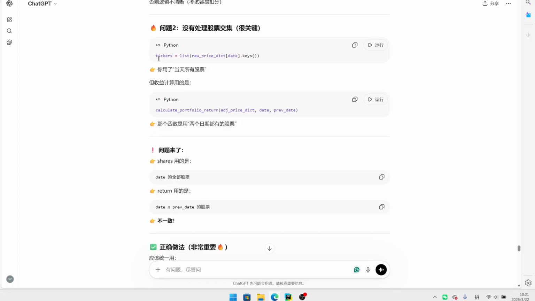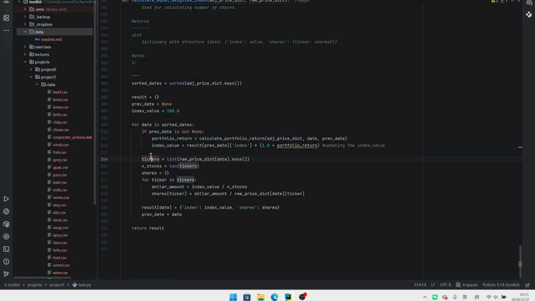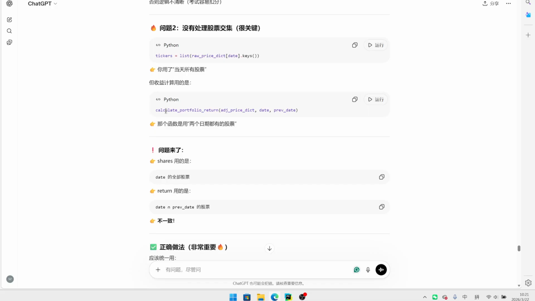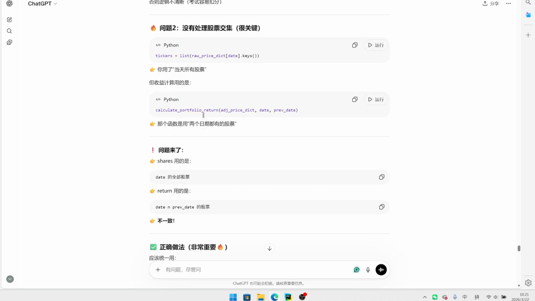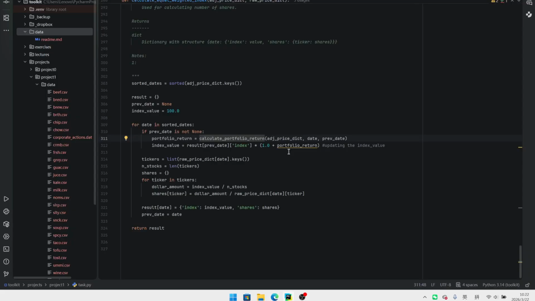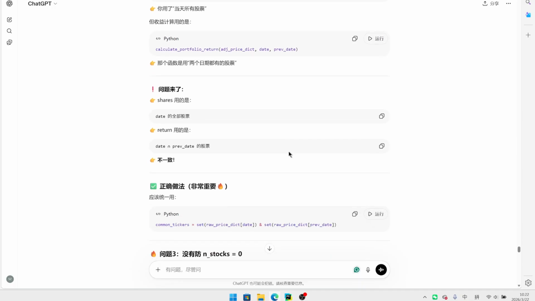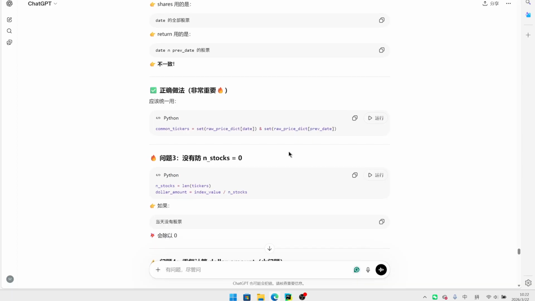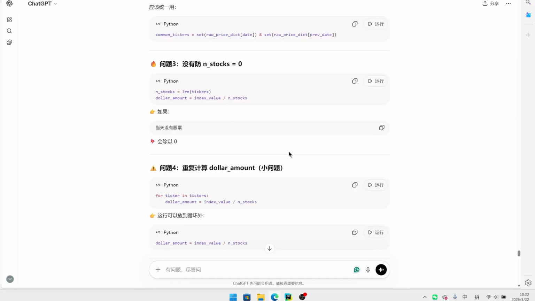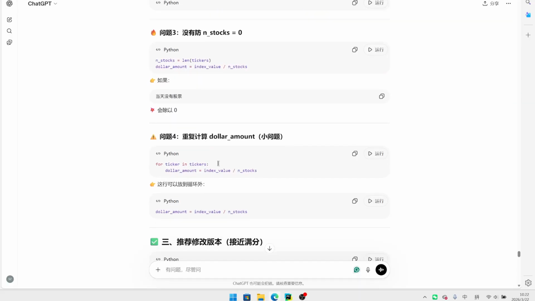Ticker is the least real material, real product price, calculate adjust price. Yes. Return is the, yes.